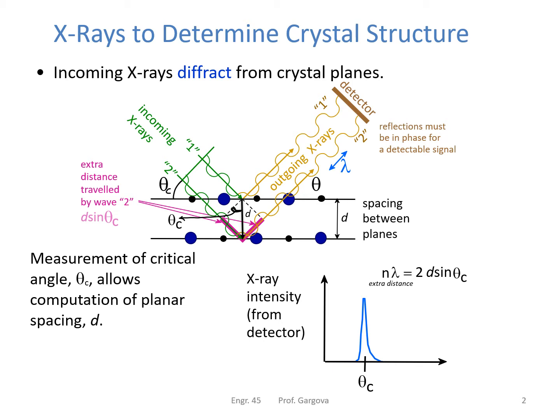Right where the first X-ray is reflected, the second X-ray takes an extra distance before it gets reflected. Now, this extra distance is related to the distance between two planes in a crystal structure.